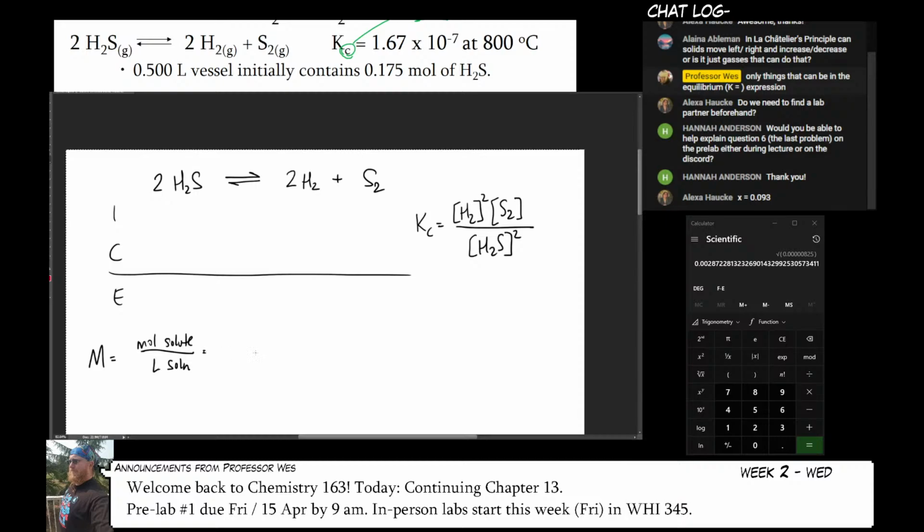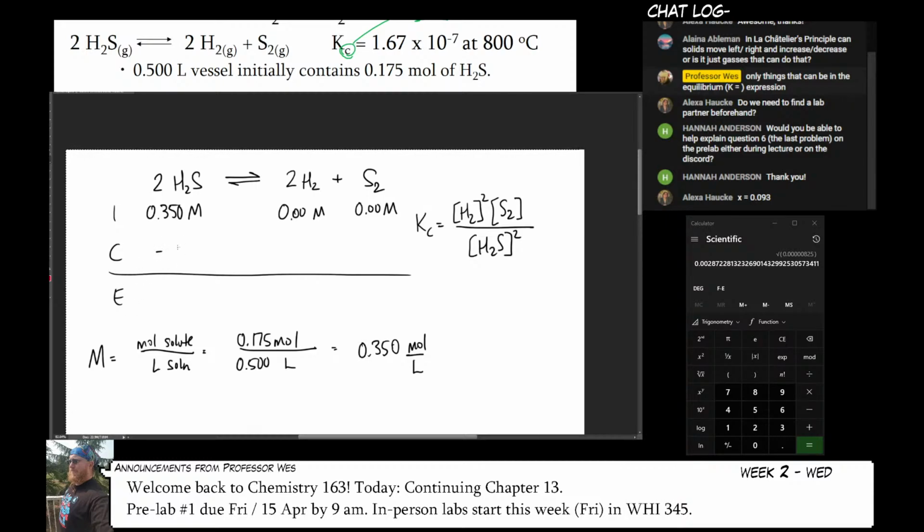So if my solute is H2S, that would mean I have 0.175 moles per 0.500 liters. So this is what goes in the container to start. There's nothing else in here because I didn't say that there was. There you go.